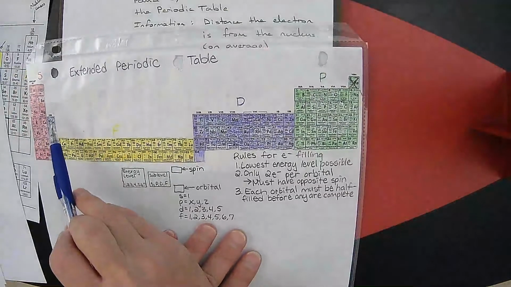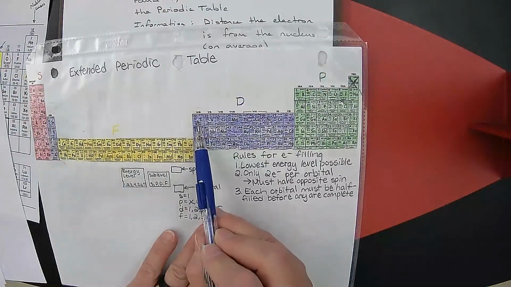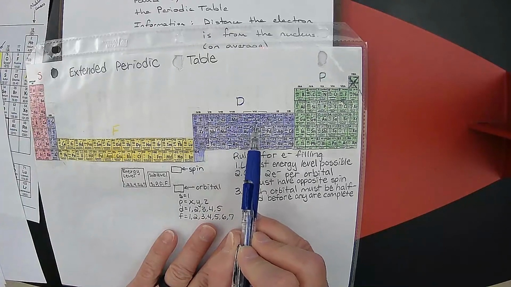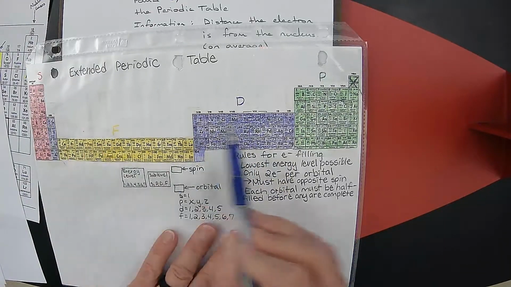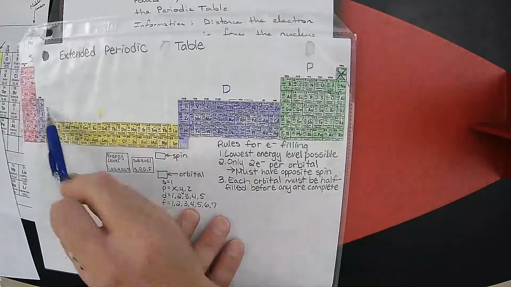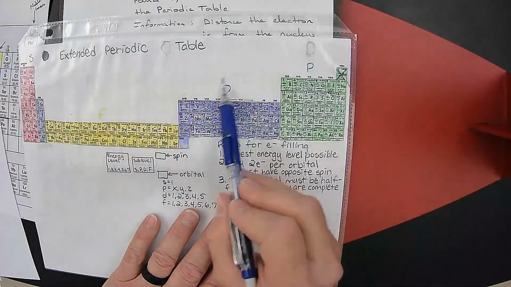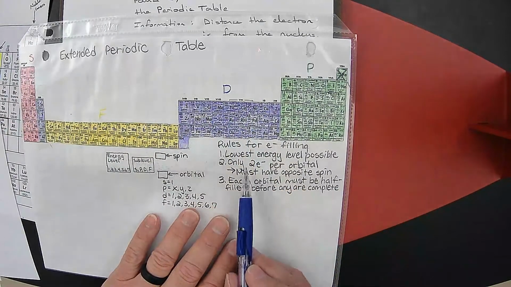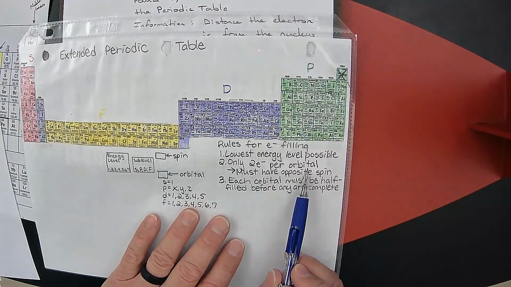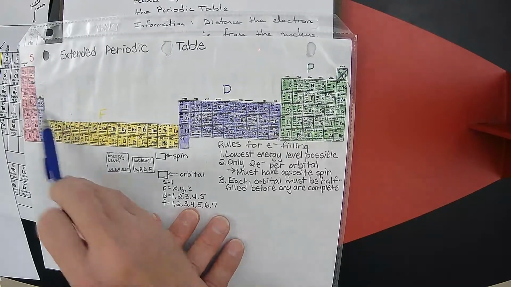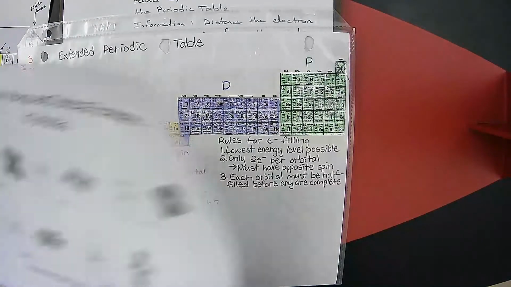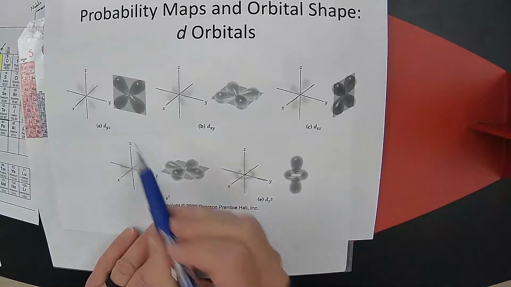How about the d's? Well, let's count. 1, 2, 3, 4, 5, 6, 7, 8, 9, 10. 10 electrons going across as we fill up the d's. Well, if there's only 2 electrons per orbital, how many orbitals do we need? Well, it turns out that we need 5. And there are the 5.